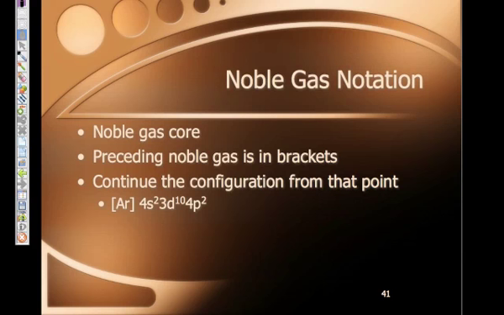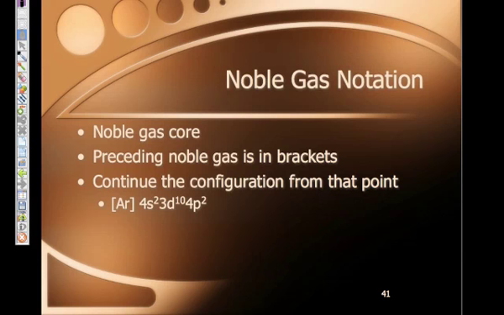By doing that, you're saying, okay, we're using the whole configuration for that noble gas, and then we're going to add on some stuff to it. So, for example, Mercury. What's the noble gas that comes before Mercury? Xenon. So we put xenon in brackets, and then you would write 6s2, 5d10, 4f14.